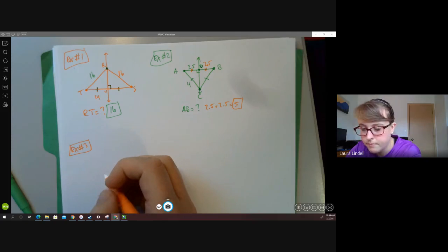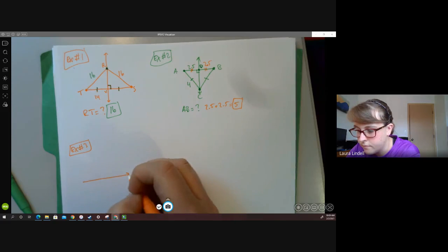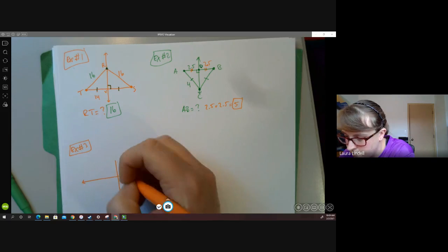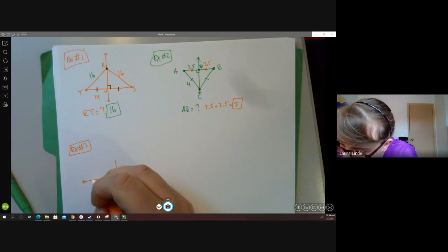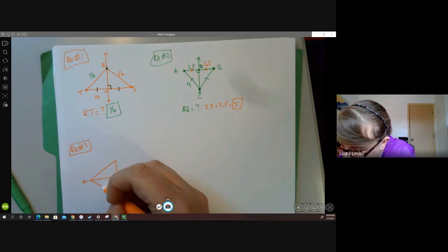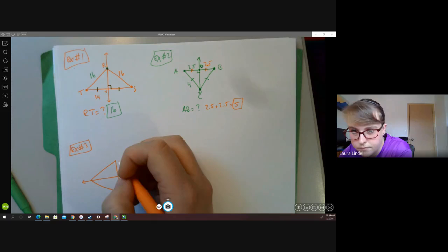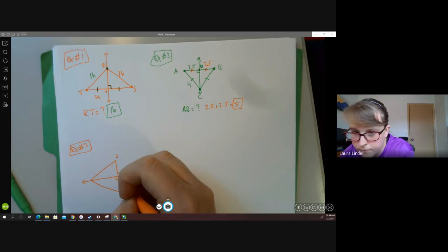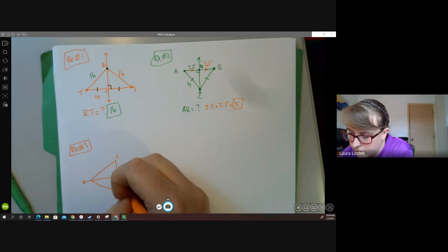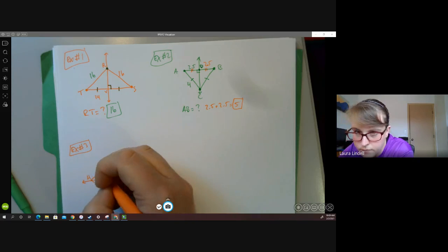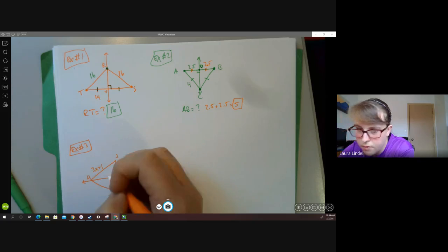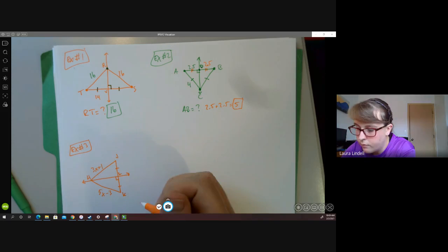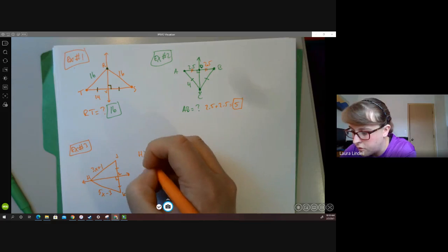So for this one, (3x plus 1, 5x minus 3), and we want to know the length of HJ.